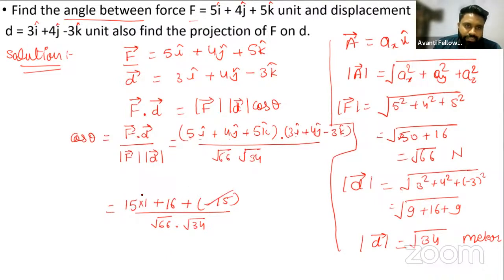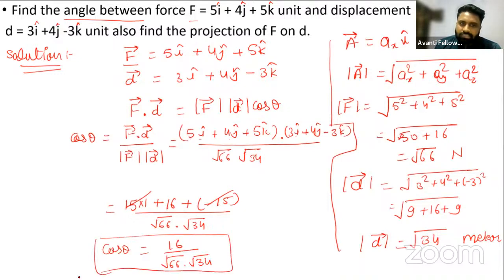Now this 15 and 15 got cancelled out. So cos theta you will have as 16 by square root of 66 multiplied by square root of 34. So this is the answer. Okay. So Jhansi, you are having 16 as the value of cos theta.